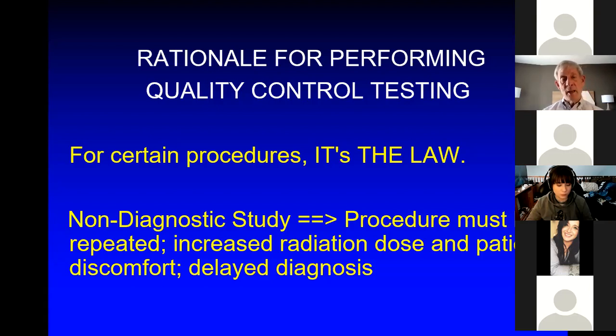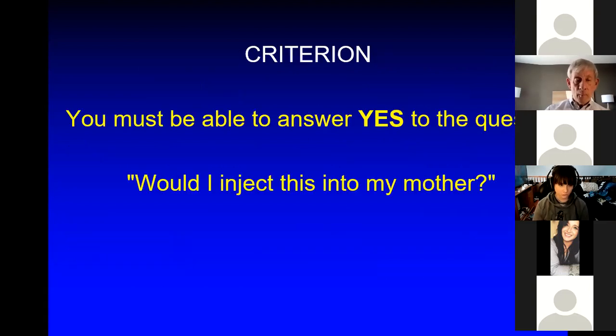The worst thing is that the referring physicians lose confidence in you because you can't even do a bone scan. The way that might happen is you went to do a bone scan and injected a renal agent. You don't even see the bones. That almost never happens, but in the rare case that it does, it certainly produces a non-diagnostic study. We want to avoid that at all costs, and that's one of the reasons for doing quality control.